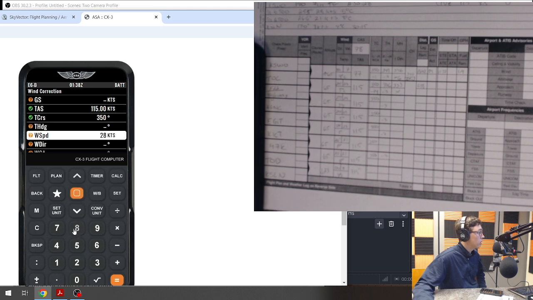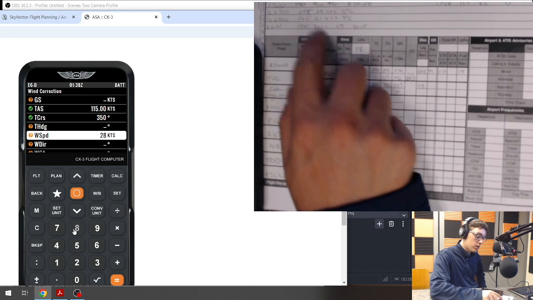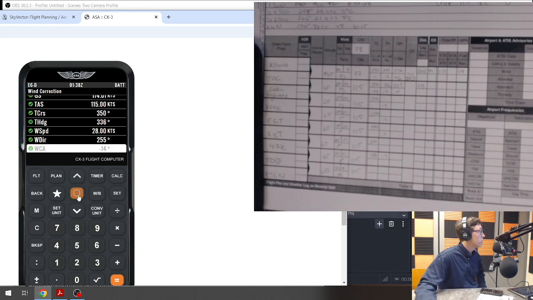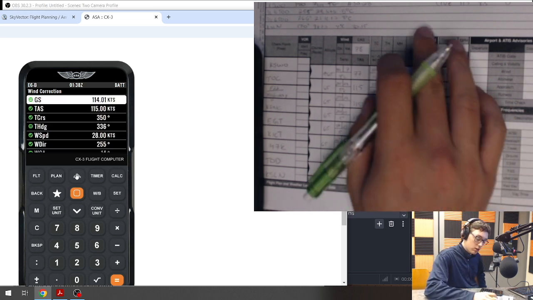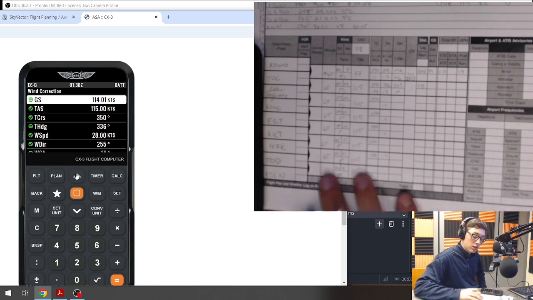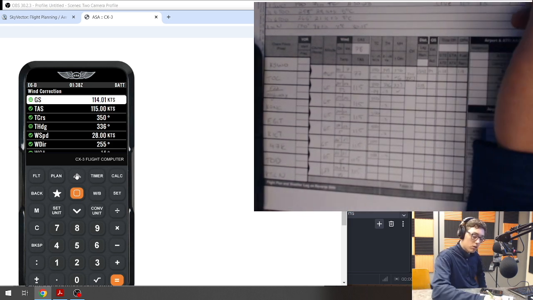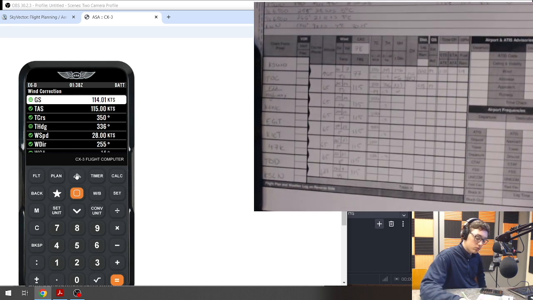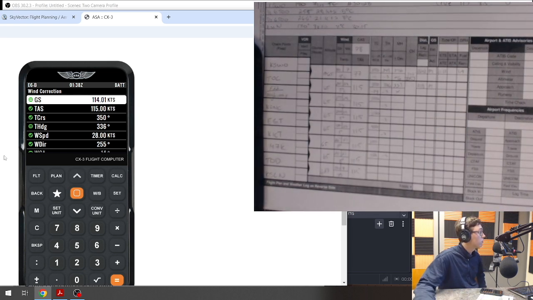Wind speed is going to be 28 knots. Let's just verify. 28 knots at 255. Put that in there. Beautiful. Ground speed, 114 knots. So it's basically a 90-degree left crosswind here. Ground speed, 114.